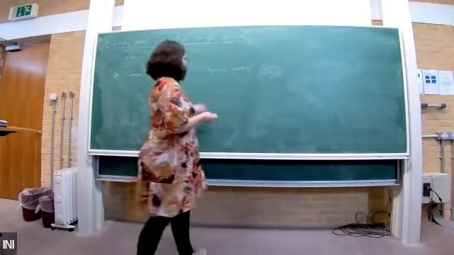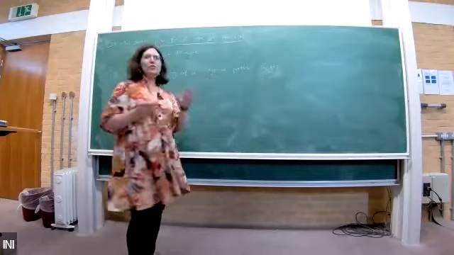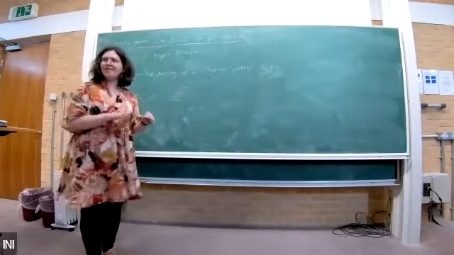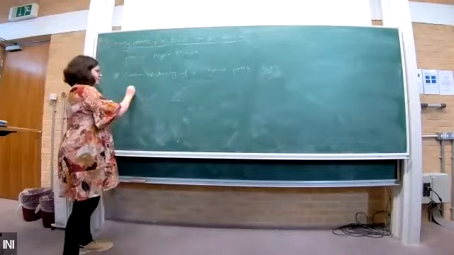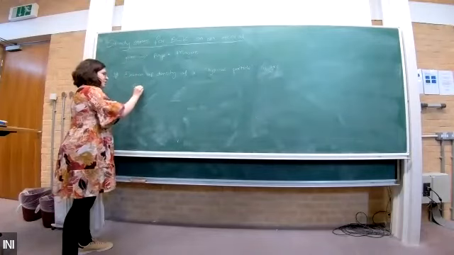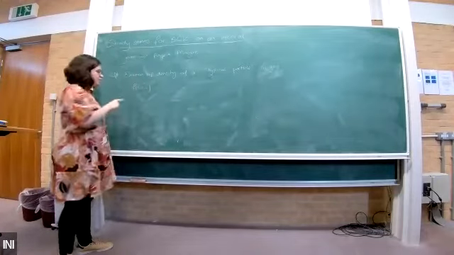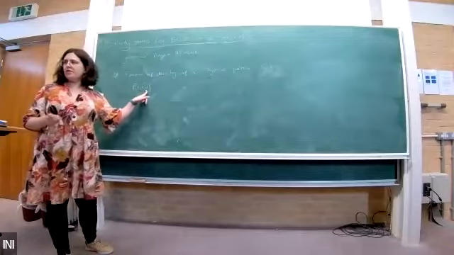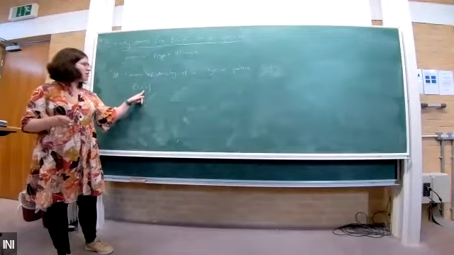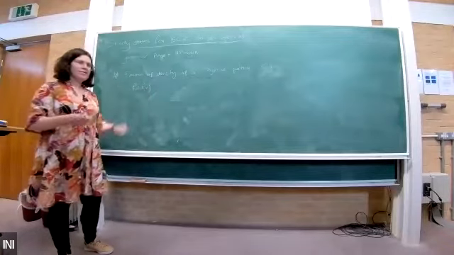So this unknown is f(t,x,v), and for each t, this is a probability density function on x and v. So x is space, v is velocity.